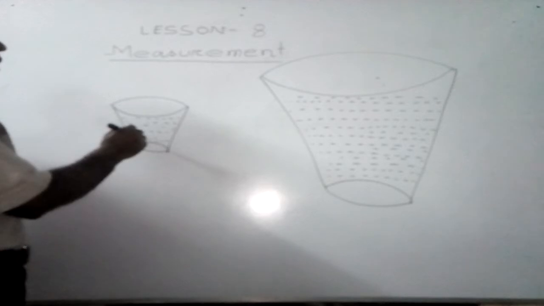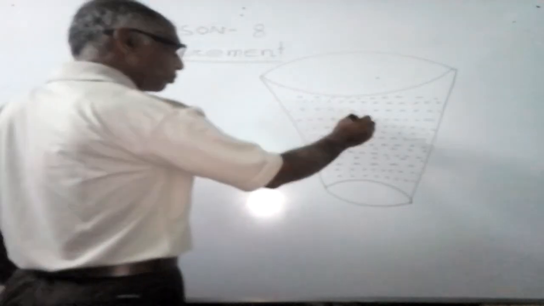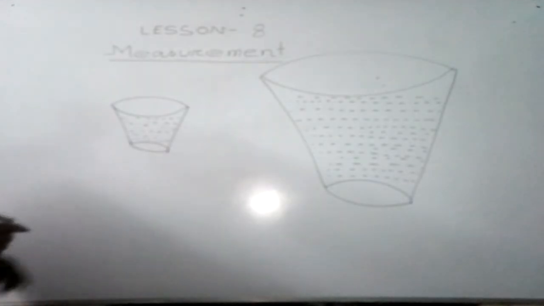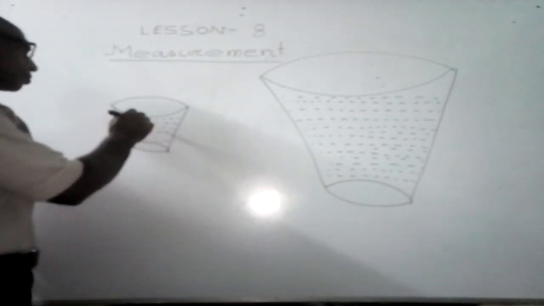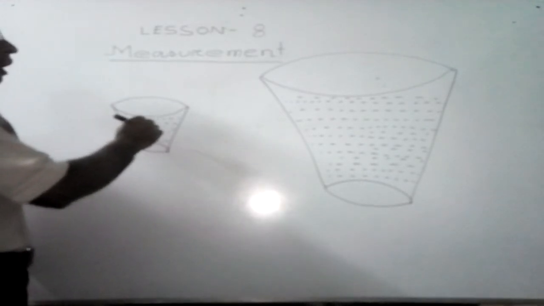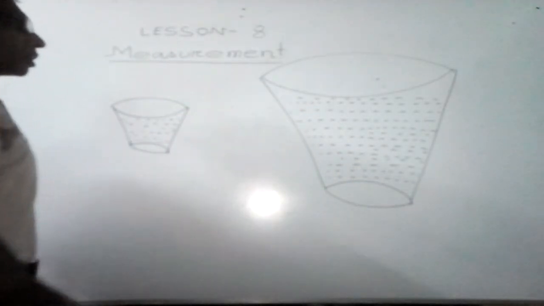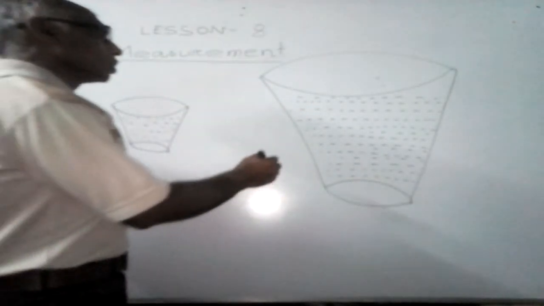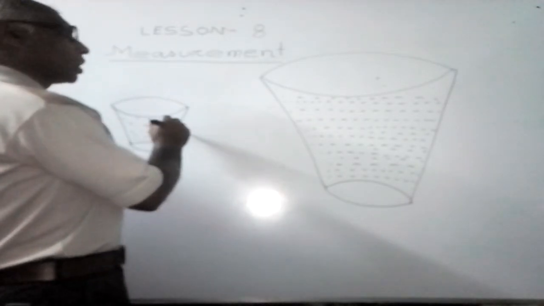But the small one will hold very less water in comparison with the bigger one. Hello students, you have learned the capacity. It is small, so it will hold less amount, and it is bigger, so it will contain or hold more water, isn't it, in comparison with the smaller one.